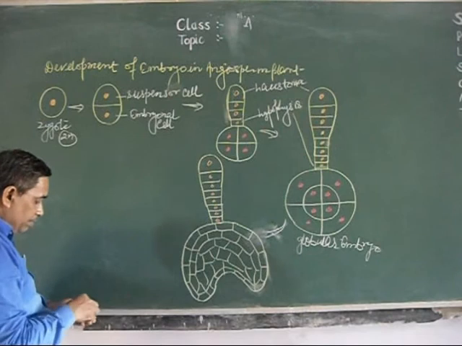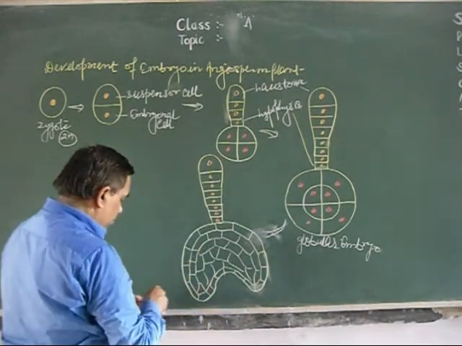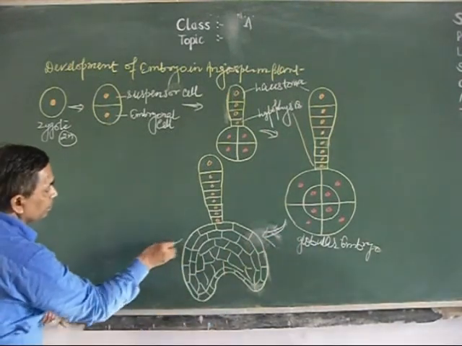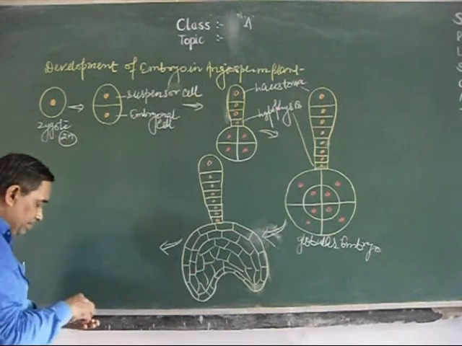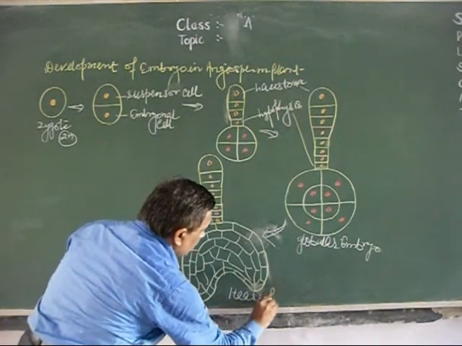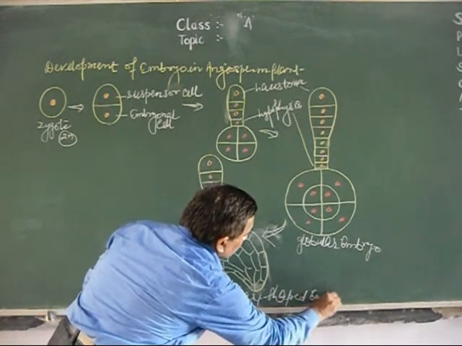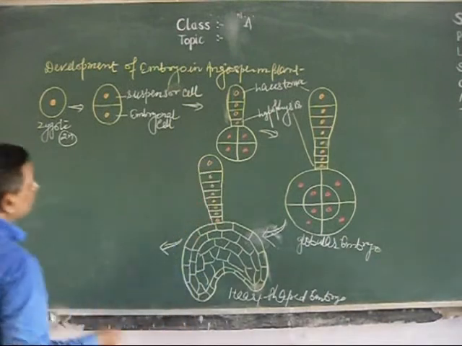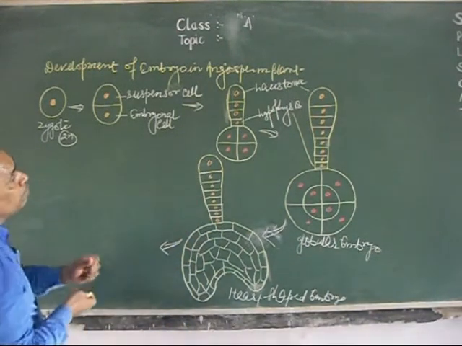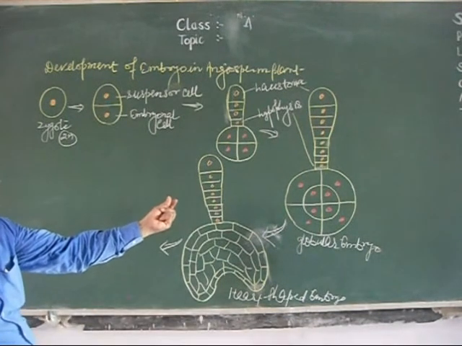This is heart-shaped embryo. And after heart-shaped embryo, next one is mature embryo. After that, the mature embryo will develop, and the mature embryo, here the development of embryo of dicot plant.